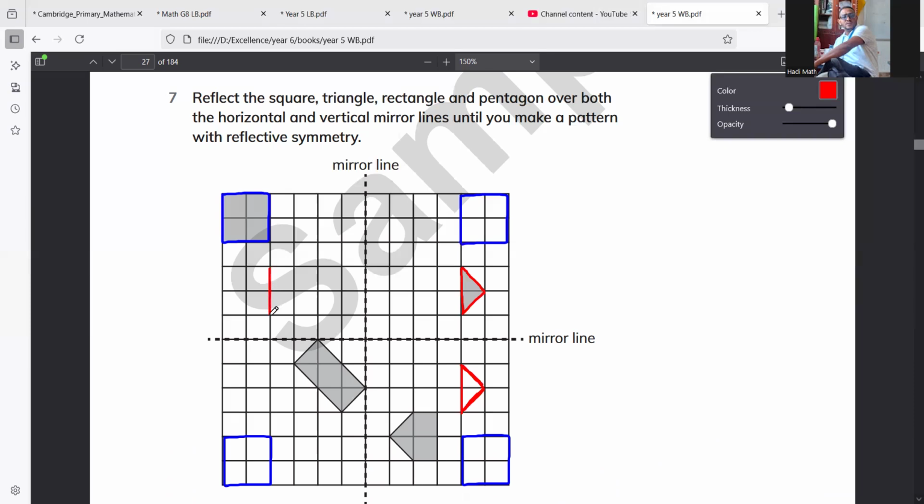Remember, when you reflect it, right will be left and left will be right. So please put this in your mind. Like I said, this will be drawn here.